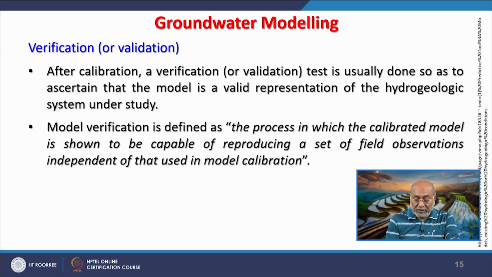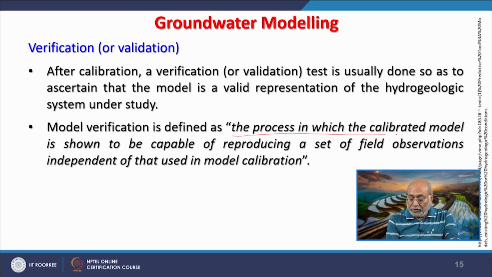Before that we discussed what the process is. So, this process of validation or verification is one in which the calibrated model is shown to be capable of reproducing a set of field observations which are independent of those used in the model calibration. So, by this you can know whether the model is working all right or not.